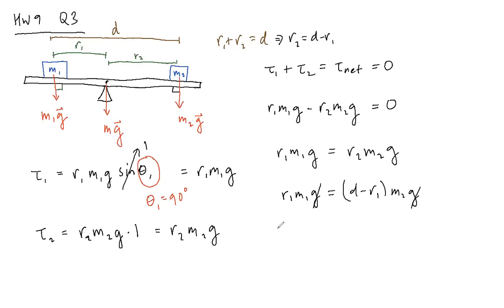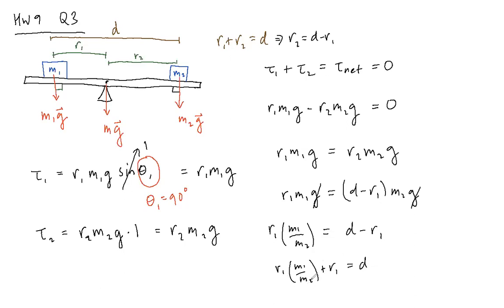And so we have R1 times M1 over M2 is equal to D minus R1. And so now we can add R1 to each side. So we get R1 M1 over M2 plus R1 is equal to D.